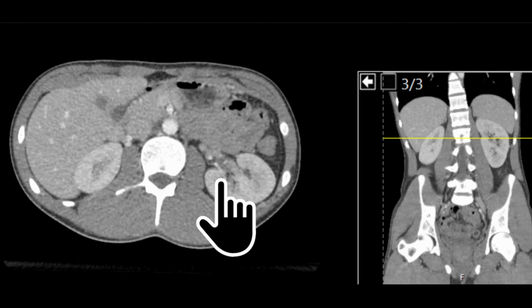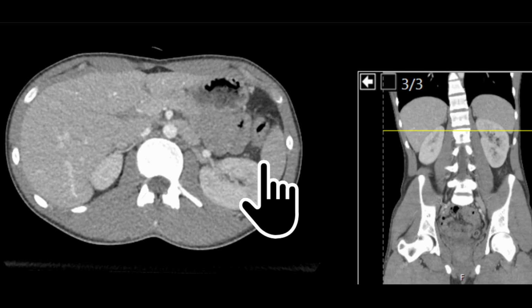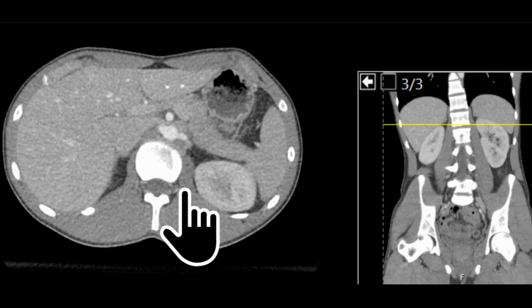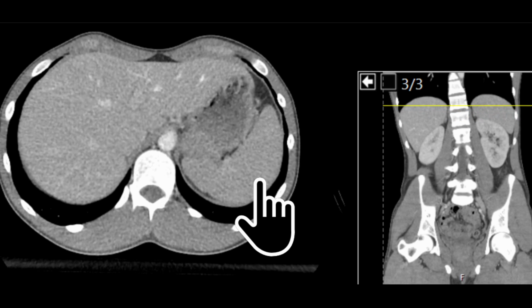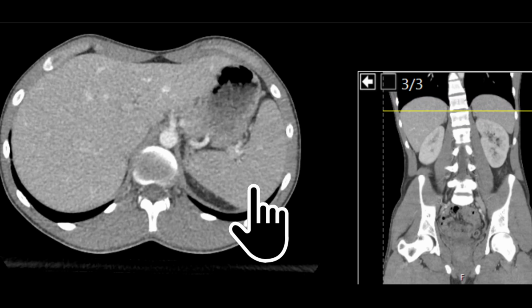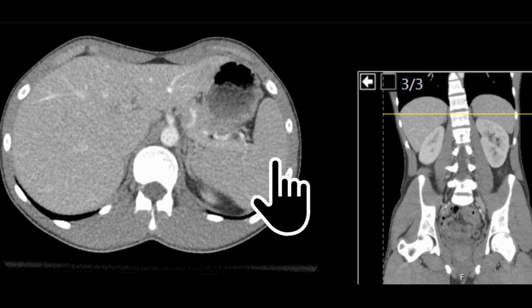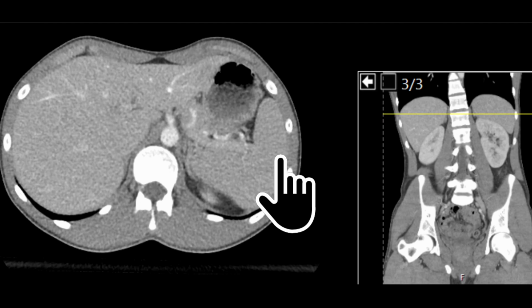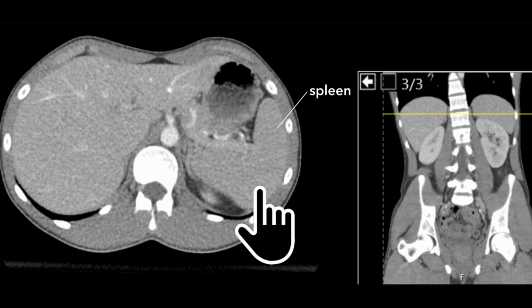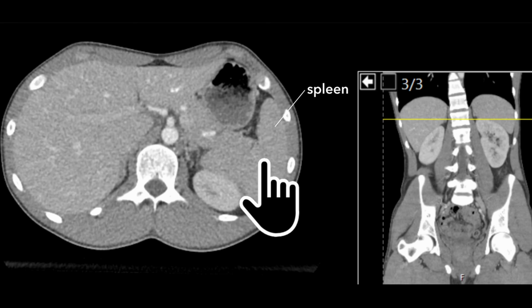Well, as I scroll up, what's this here that's starting to appear? What's this here? Oh, right, so, okay. This is just something that when we're looking at cadavers and what have you, students often mistake with a kidney. This is the spleen. So this is left, very left, lateral, a little bit posterior.